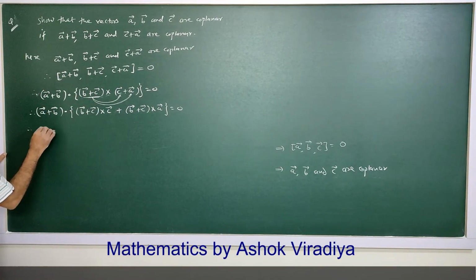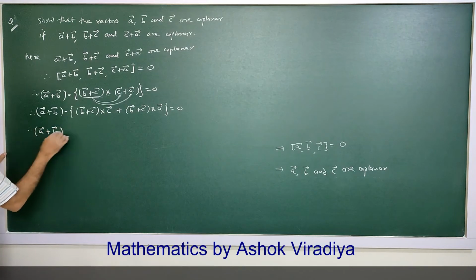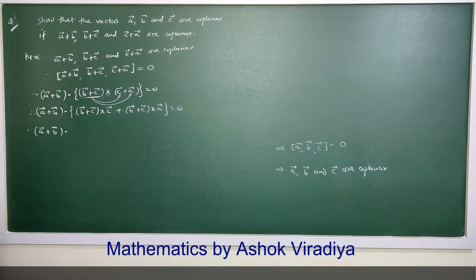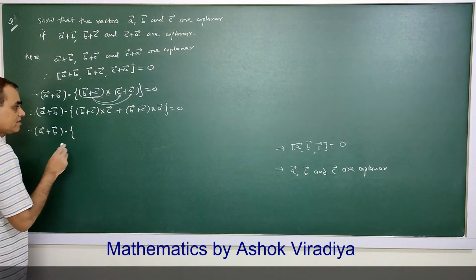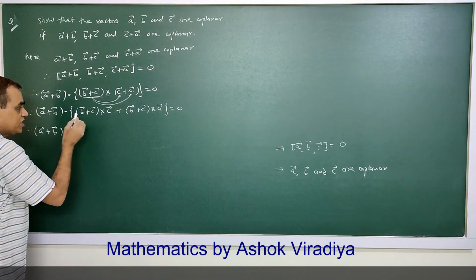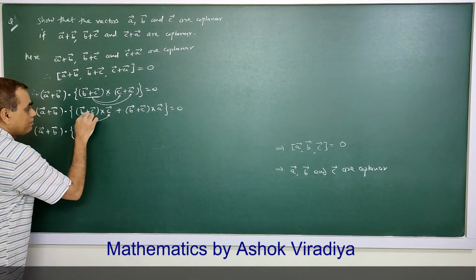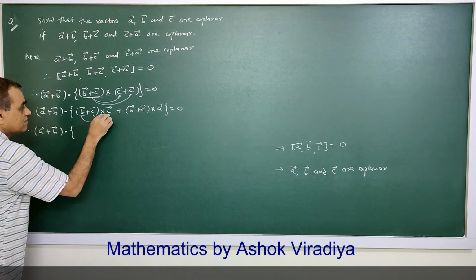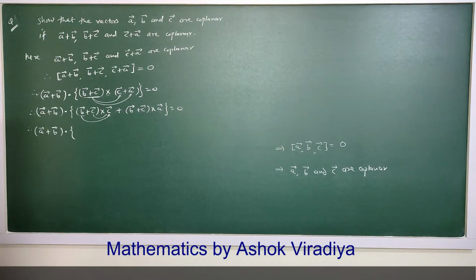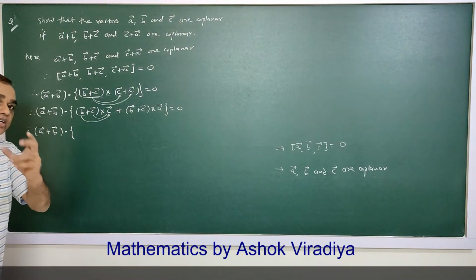Therefore, vector A plus vector B dot, now here again cross product is distributive over addition. So B cross C plus C cross C without changing order, because cross product is not commutative.